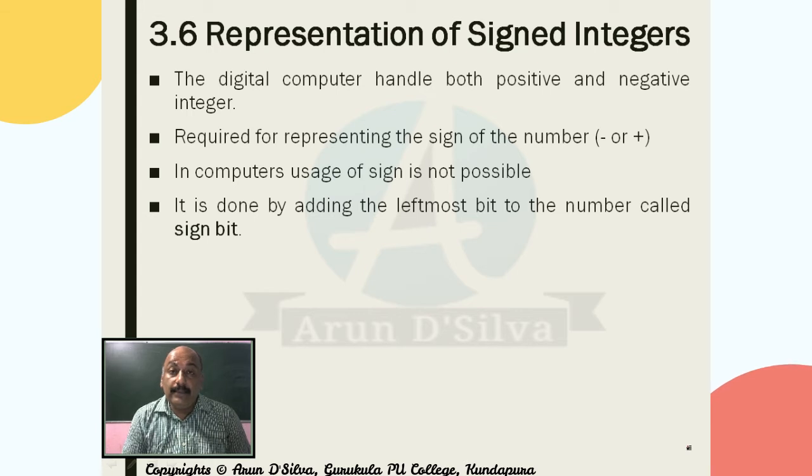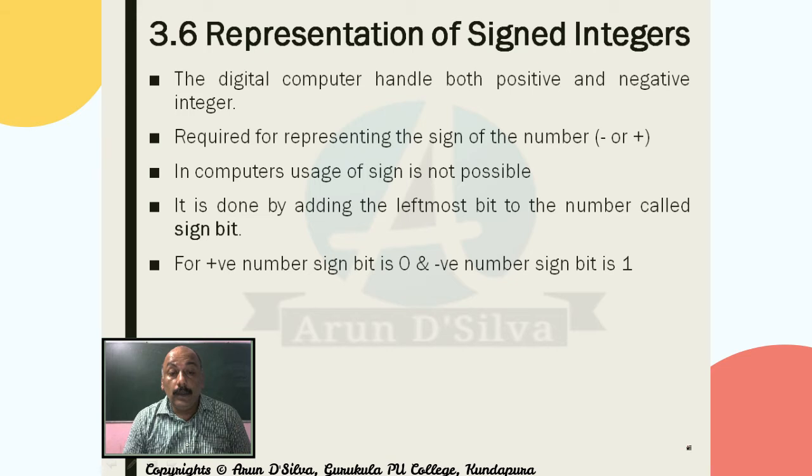It is done by adding a leftmost bit to the number, called the sign bit. Now what do you know? In the computer all the numbers are stored in digital form, that is in binary form. As I told you, in binary we represent using the digits zeros and ones.